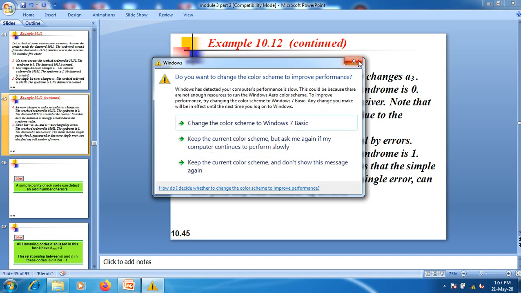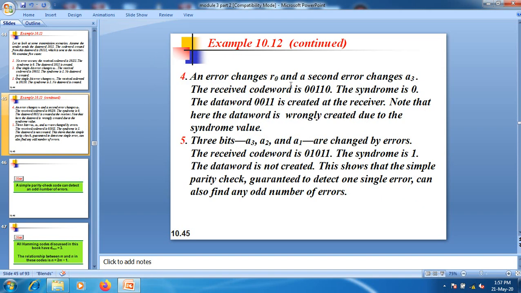Here, one error changes R0 and a second error changes the A3 bit. The parity bit is corrupted and the A3 bit is also corrupted. What code word have we received? 00110 here.